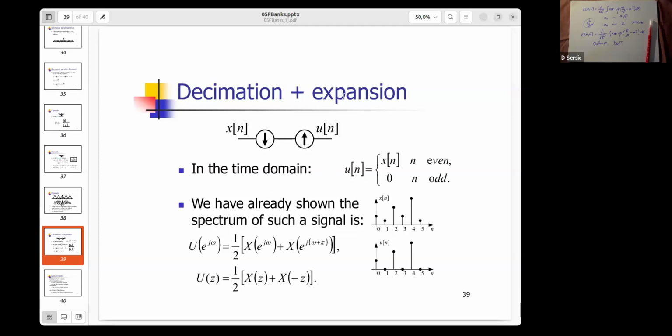On the synthesis part, we will have expansion, or inserting zeros. If this is x, this is v, and this is u. Our u was actually our helper signal. So we have already shown that the spectrum of such a signal looks like this, or in the Z domain it looks like this. Now it is much simpler because we don't have to use that part. In the image domain, we will actually be using U, and it looks much better.